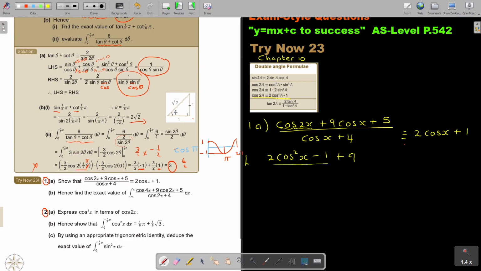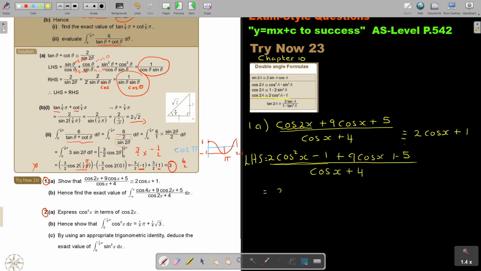So let's just go in, left hand side equals, plus 9 cos x plus 5 over cos x plus 4.